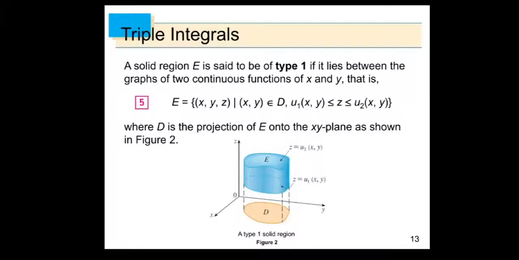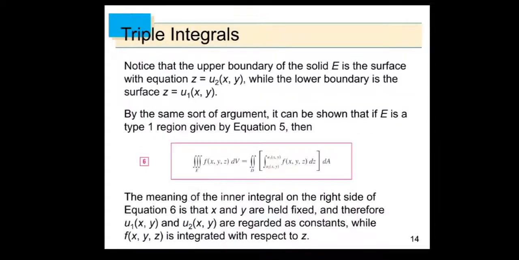You can see D is a projection on the xy plane, and then we can see the limits: the upper limit is u2 and the lower limit is u1, the values of z. That would be called type 1 if it lies between the graphs of two continuous functions of x and y, u1 and u2.